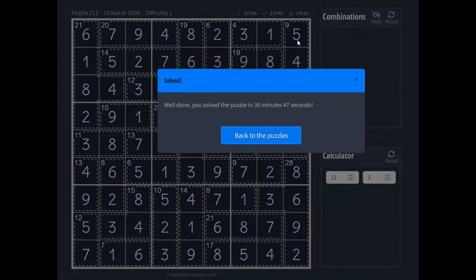And this is a 4, and that's a 5. So there you go.